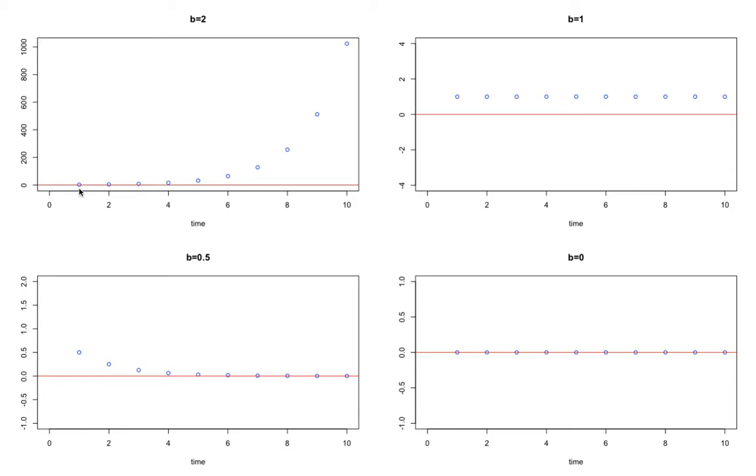We see that with b equal to 2, even though at the beginning we are very close to equilibrium, we are moving further and further away from it. Even in 10 periods, we are over 1000 units away from equilibrium. So definitely, in this case, we see divergence of the time path from the equilibrium value.